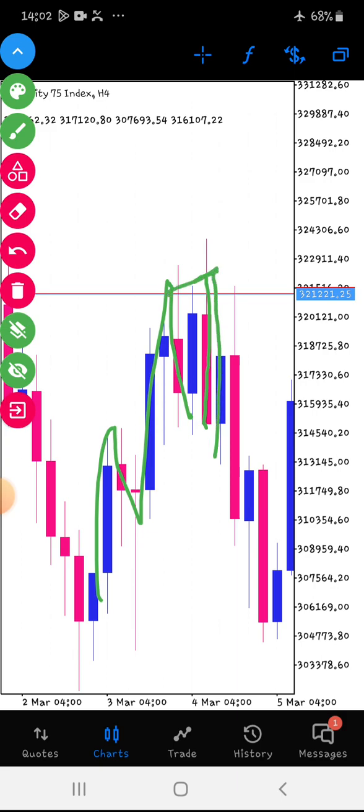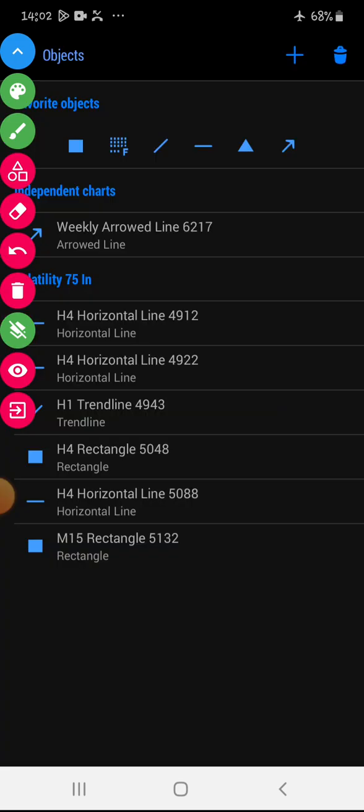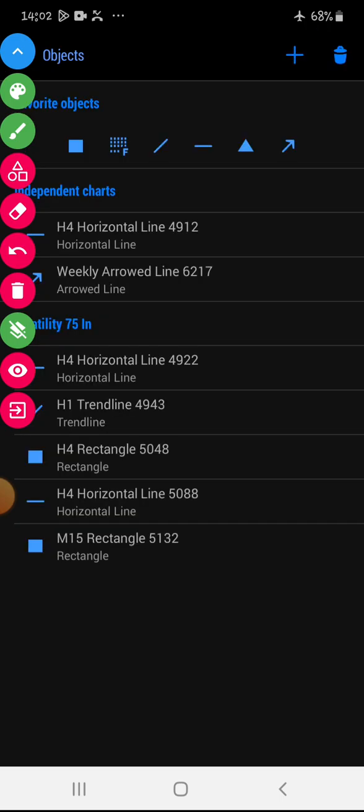So it started selling, which means this one is our last buying candle. We have to highlight all of this candle, we make a zone over all of this candle, guys. So let us do it.